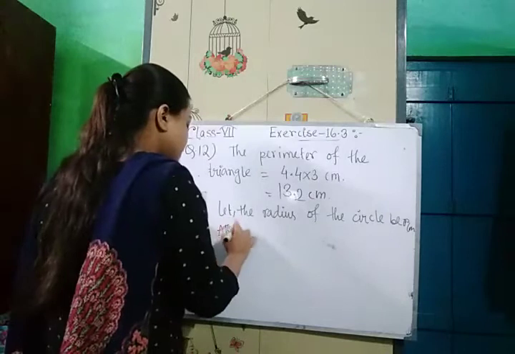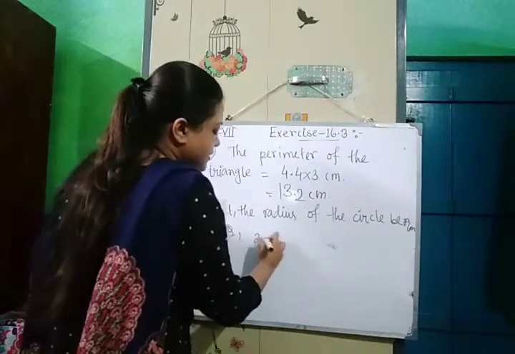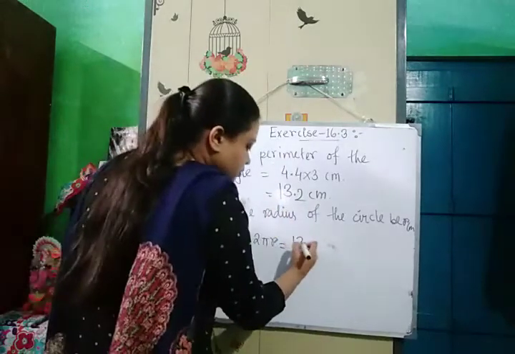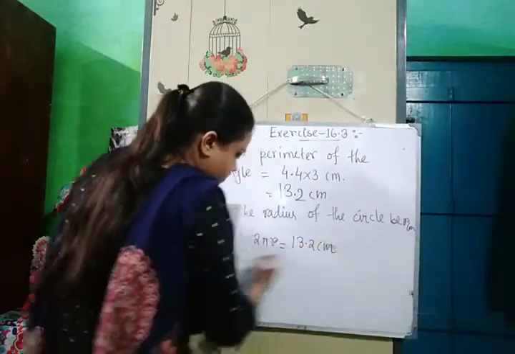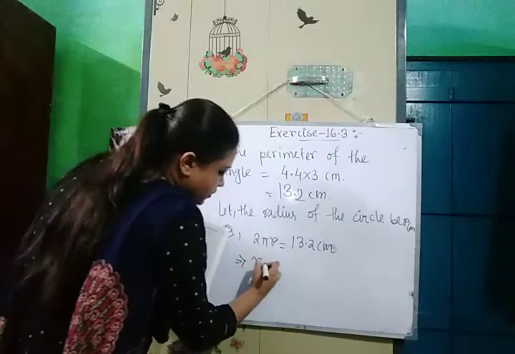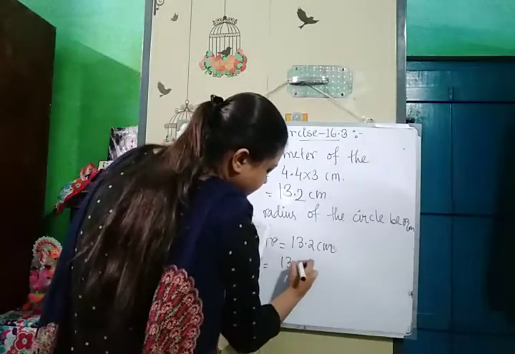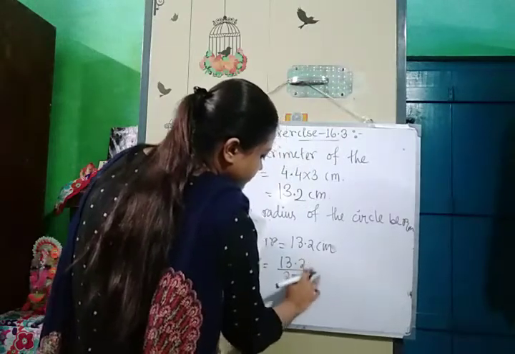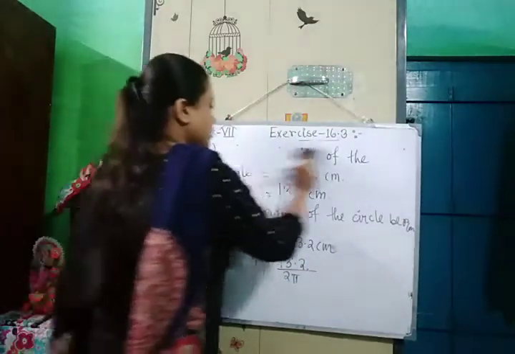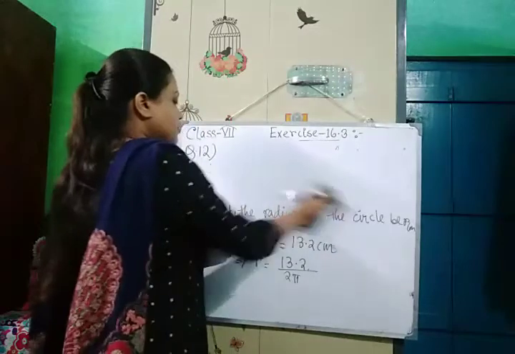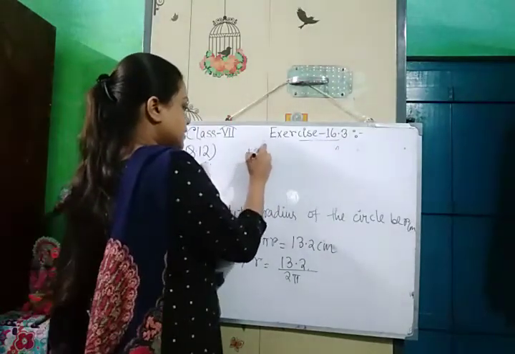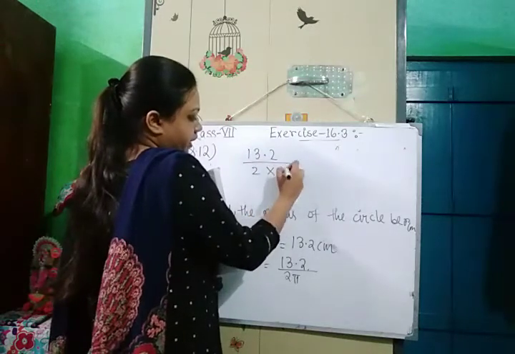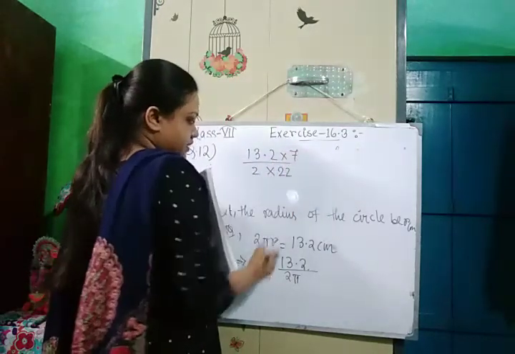Therefore, according to the question, 2 pi r is the circumference of the circle. 2 pi r is 13.2 centimeter. So r equals, by cross multiplication, 13.2 divided by 2 pi. Now that means 13.2 divided by 2 into 22 by 7.